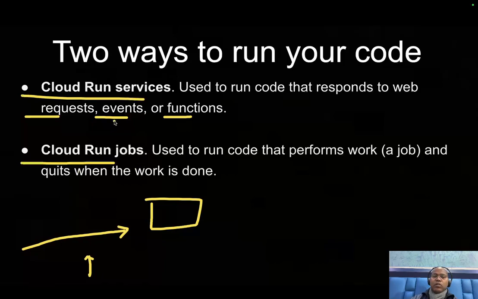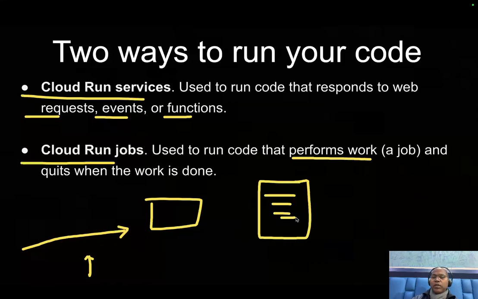And Cloud Run jobs just perform specific work, maybe batch jobs, asynchronous jobs, or scheduled jobs. You just say, "Hey, this is my code, this is my application, this is my function, and this will run every 10 minutes or on the first of every month."